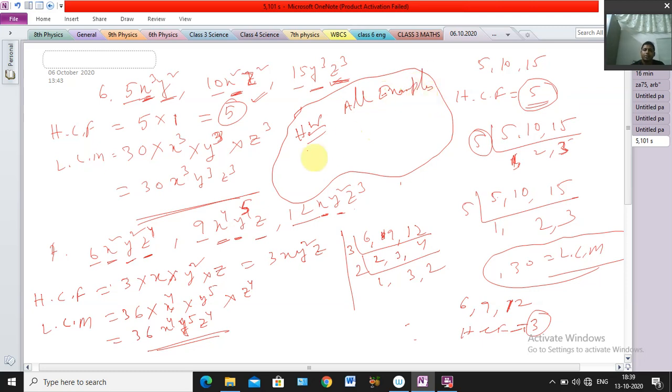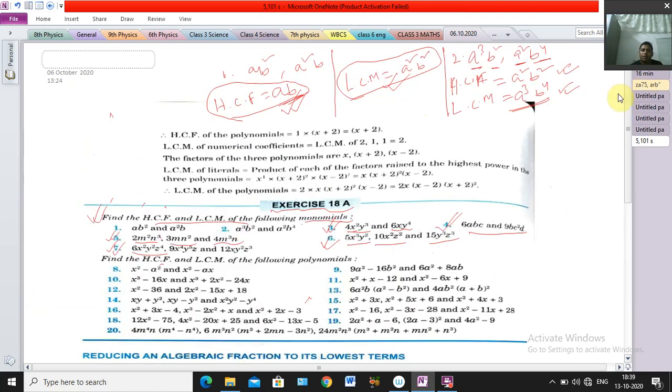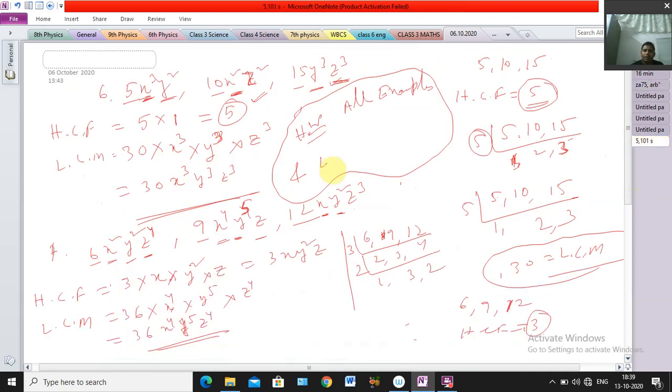All examples as well as whatever we discussed today, and the first question, finding the LCM. Exercise 18A, problems 1 up to 7. You have to practice it and submit it.